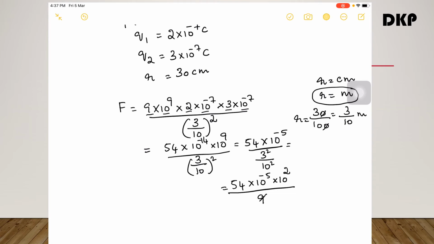Now you can cancel this. 9 into 6 is 54. Now you can reduce this into 6 into 10 to the power of minus 3.